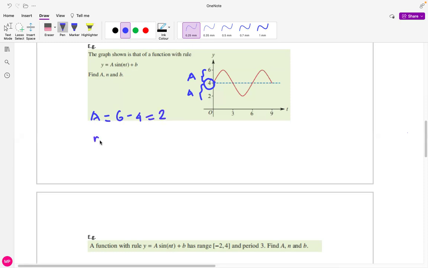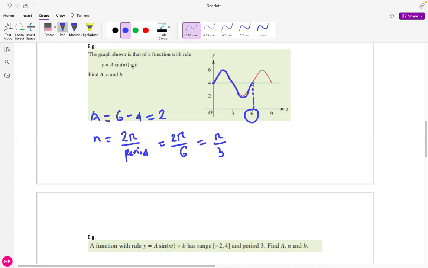Now to find n, it is based on the period. So n is 2 pi over the period. If you look at the period, we start here at 4, and then we go like this up to here, which is one period, which is 6. So 2 pi over 6 is pi over 3.